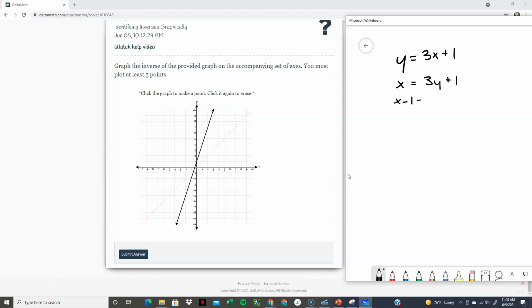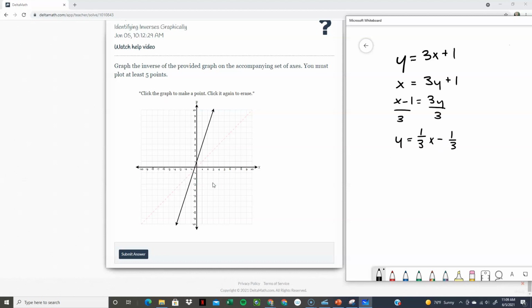So the inverse should be this, right? And then once we have that, we can start plotting our points. Now, tricky thing about this is we have a y-intercept of negative 1/3.